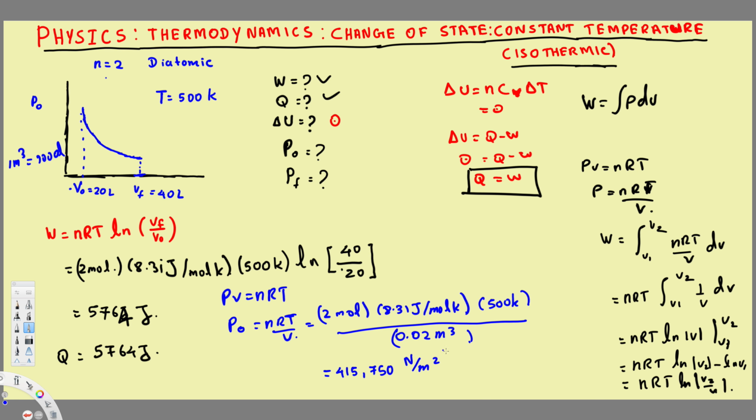The half of this is approximately 2 atm. So the final pressure is going to be half of this value. If you look at this one, it's almost like 416,000, so we can write 208,000 Newton per meter square, and that's approximately 2 atm, right?